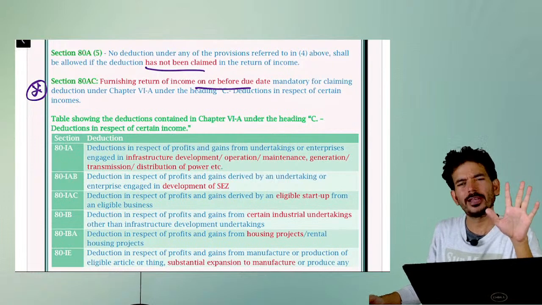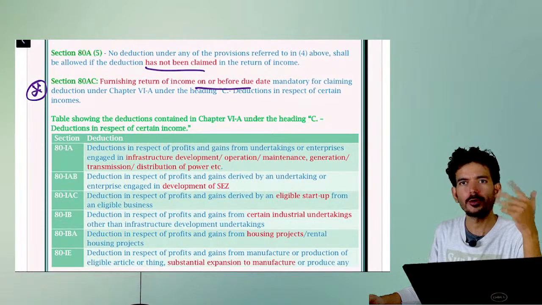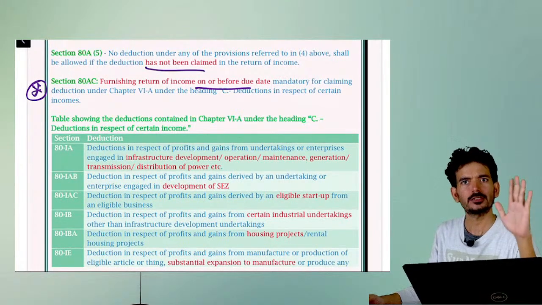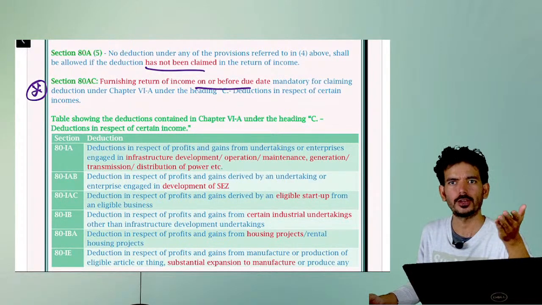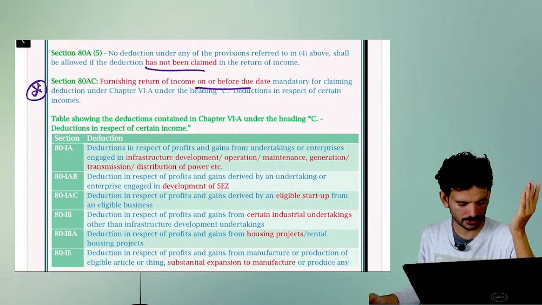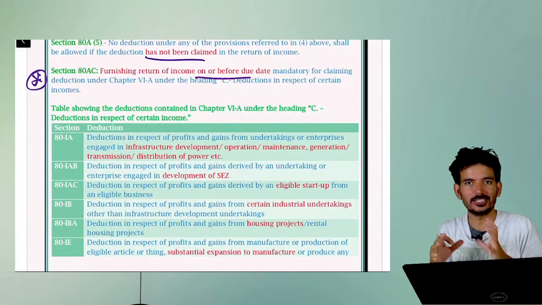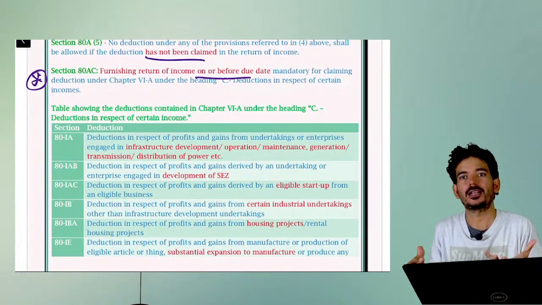The only exceptions are unabsorbed depreciation and loss from house property. Other than this, you have to claim in your return of income and file it before the due date under section 139(1). So that is the basic understanding of this section. Maybe you can expect 1 mark, or it's just for our general understanding of the section.